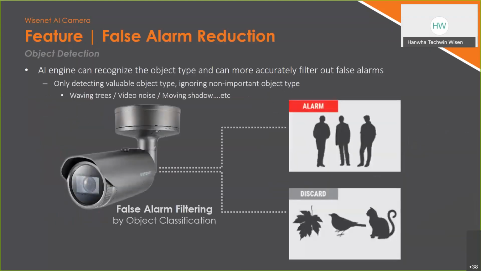So what is the AI feature from this camera? First, of course, it will be false alarm reduction by detecting only valuable object types. So we can detect people and vehicles, and it will just ignore other things like waving trees or video noise and something like that.